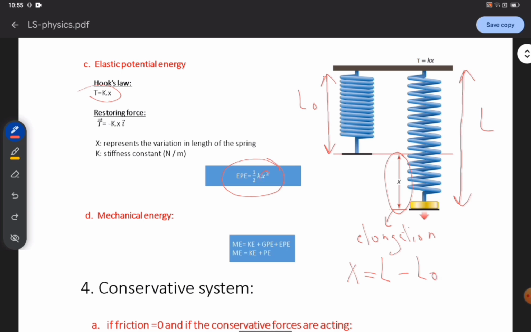So x in the EPE equals L minus L0, the elongation.